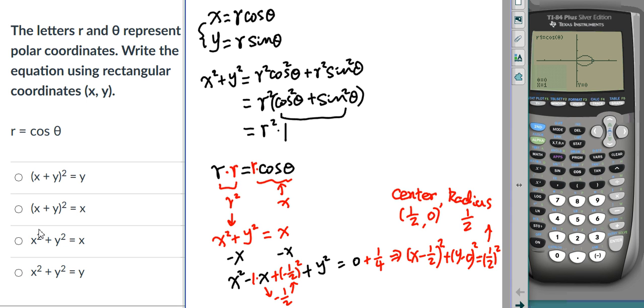But the rectangular one is more recognizable for us at this moment. As we learn more, or in the future, if you use this a lot, you will know that r equals cosine theta is the equation of a circle. All right? I'll see you next time.